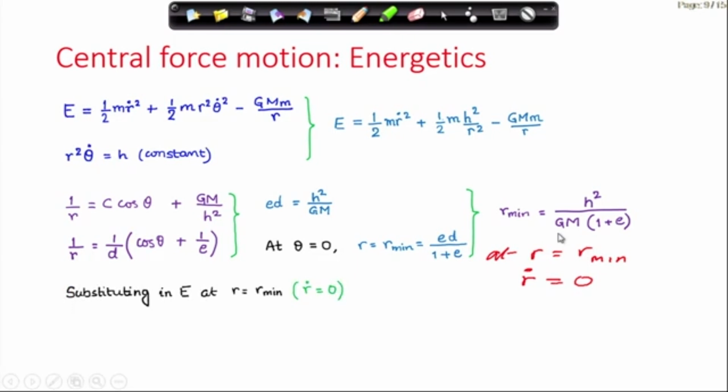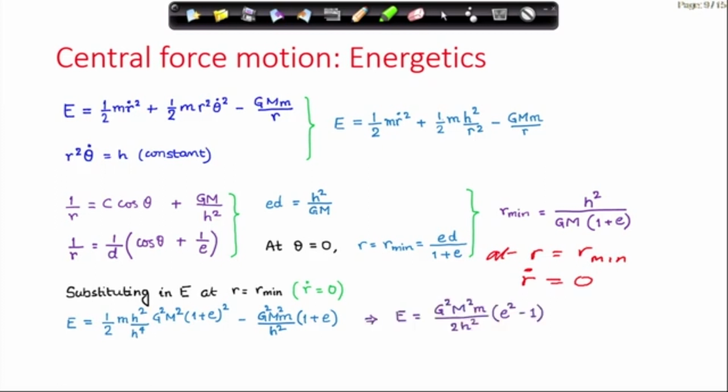Substituting all these things in the expression of E at r equal to r min and r dot equal to 0, I can find out the energy at r min, and because this is constant, this is going to be the energy of the particle at any location. If you simplify this, it turns out to be a very simple expression which is shown here, and from here I can calculate the eccentricity in terms of energy or energy in terms of eccentricity.